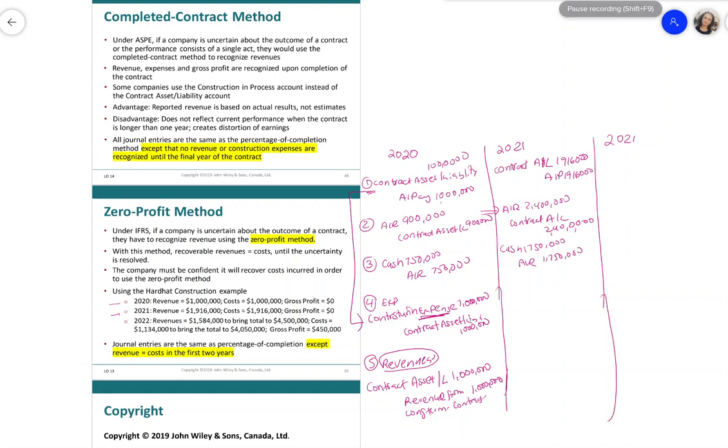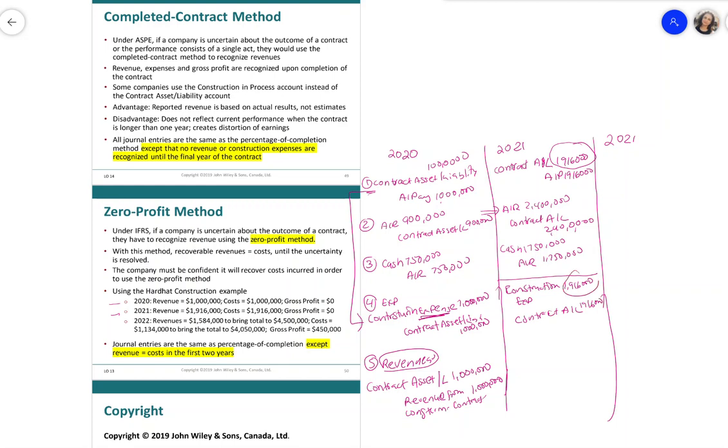Now, when you're recording the revenue and expense entry, you are going to debit the construction expense, and credit will be your contract asset / liability, and that will be for the expense, the material that we bought. Those are our expenses that we can record for the current year, 1,916,000.